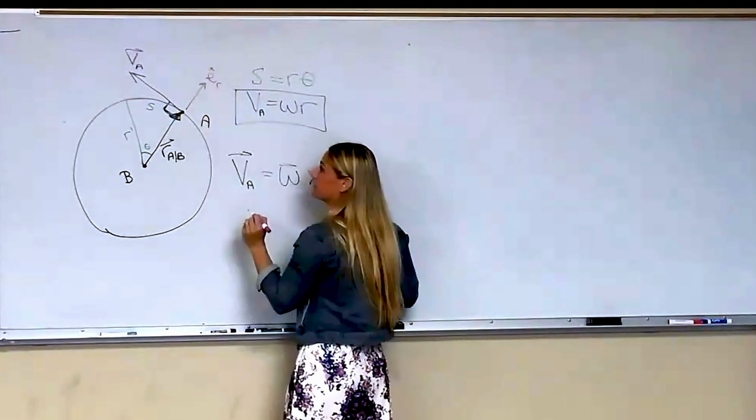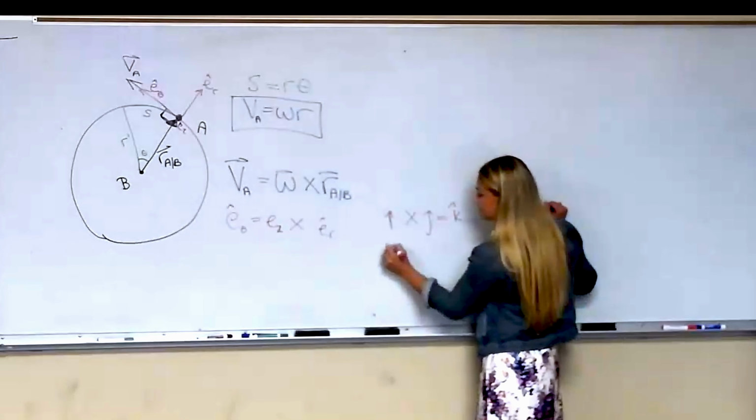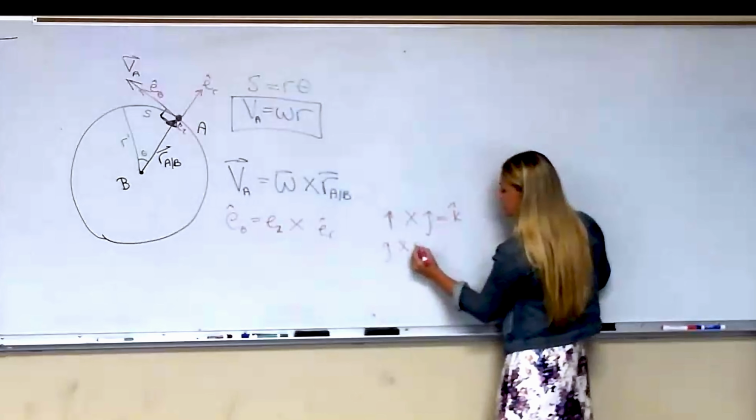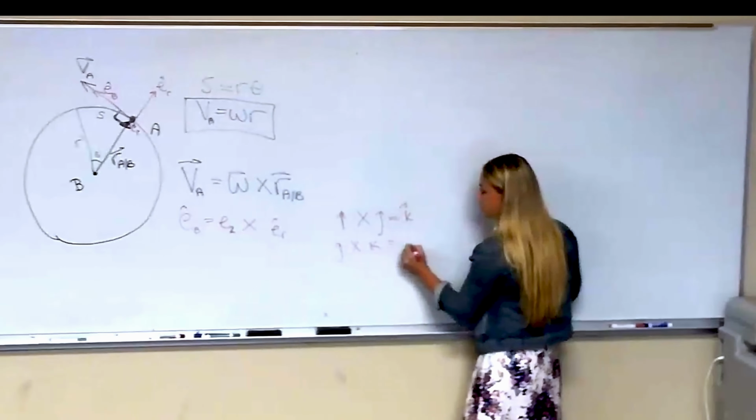So think about this. If you have I cross J, you should get a unit vector K. If you cross J cross K, you will get I. Here you are crossing Z cross R, so you're going to get the third, which is theta. If you haven't caught on yet, let me talk this through.